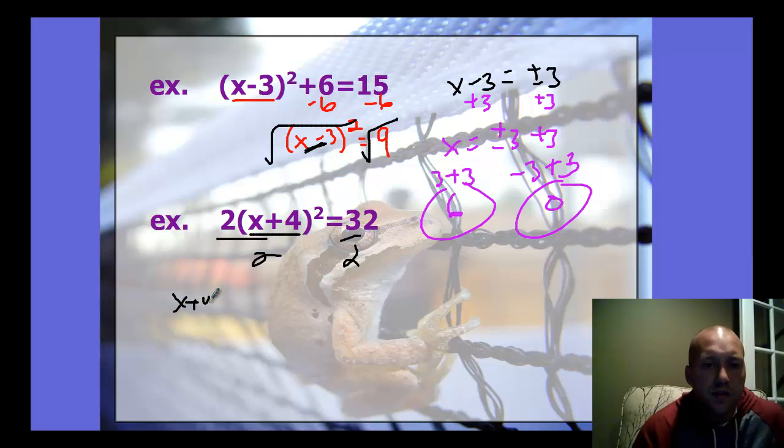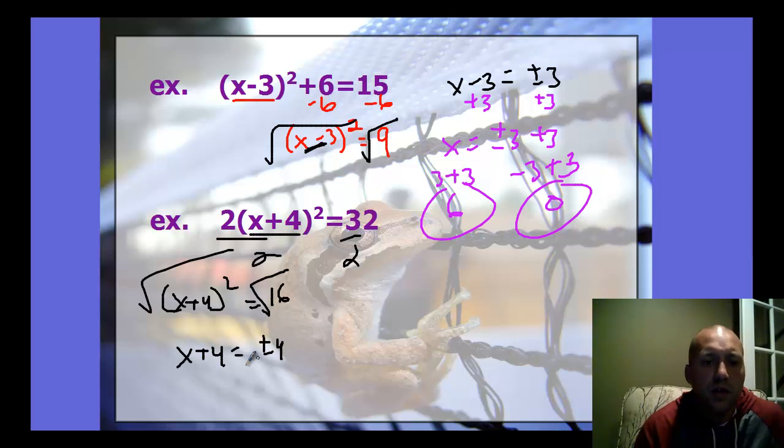So we have x plus 4, the quantity squared, equals 16. Then we want to square root both sides. So we have x plus 4 equals plus or minus 4, and then subtract 4. So a positive 4 minus 4 is 0, or a -4 minus 4 is -8, are two solutions.